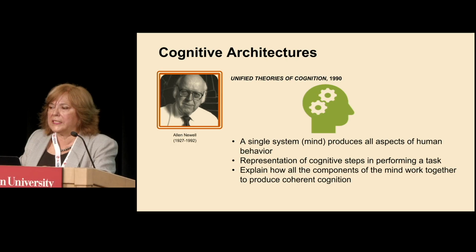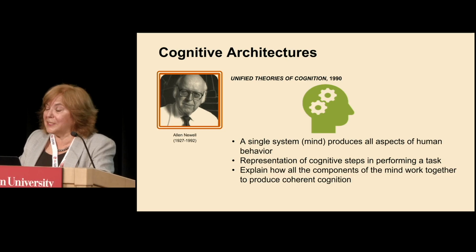So cognitive architecture started with Alan Newell, our own Alan Newell at Carnegie Mellon, who proposed a single system, the mind, that would produce all aspects of human behavior. All the representations of the cognitive steps that would be needed to perform a task would be part of this complex cognitive system.